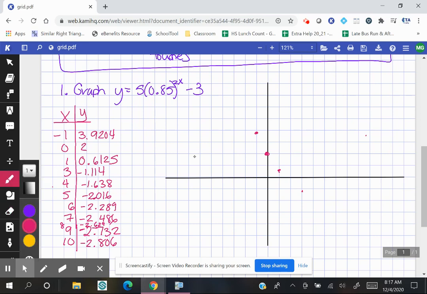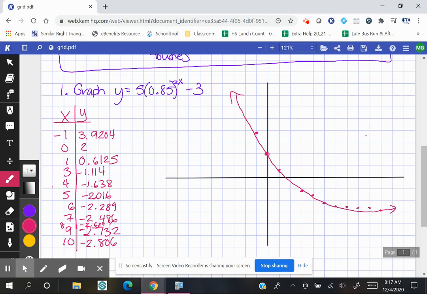So 3 is -1, 4, 5 is -2, 6, 7, 8, 9, 10. And again, you don't have to have all of those points that I have.